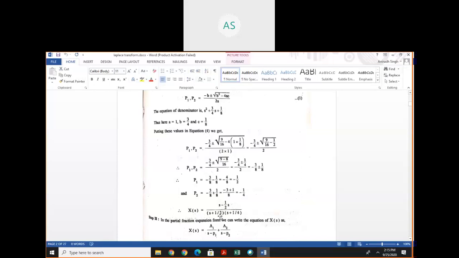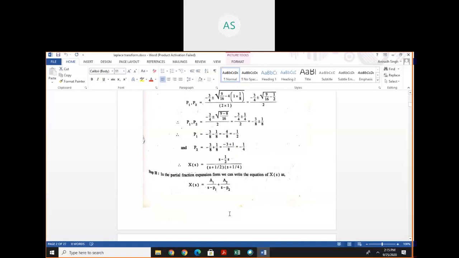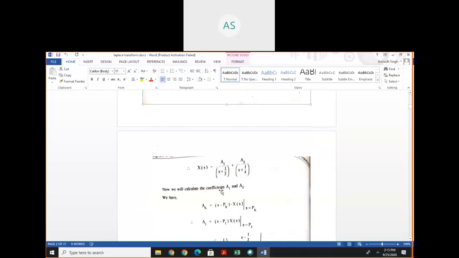Then we can write X(s) as s minus half, divided by s plus half multiplied by s plus 1 by 4. And in partial fraction expansion, we write X(s) in this form: X(s) is equal to a1 divided by s minus p1 plus a2 divided by s minus p2.